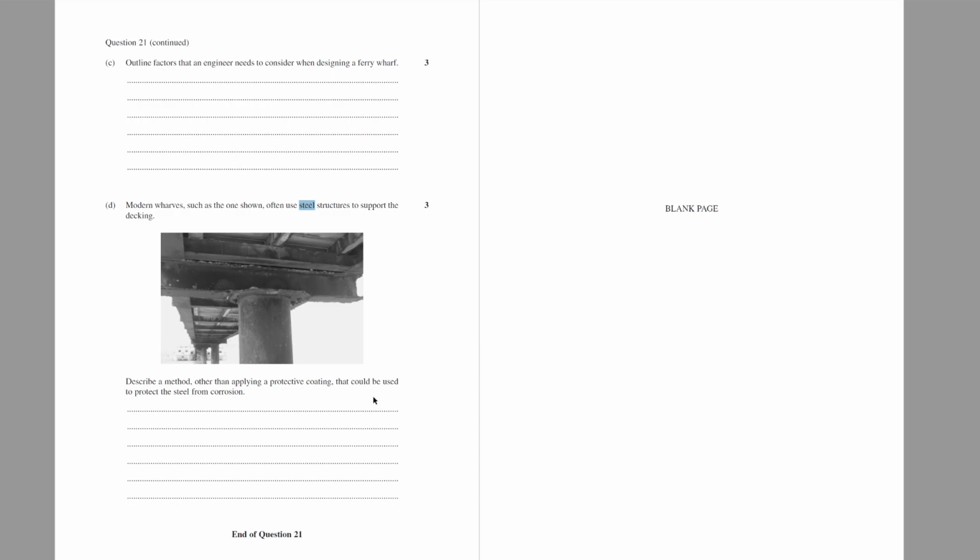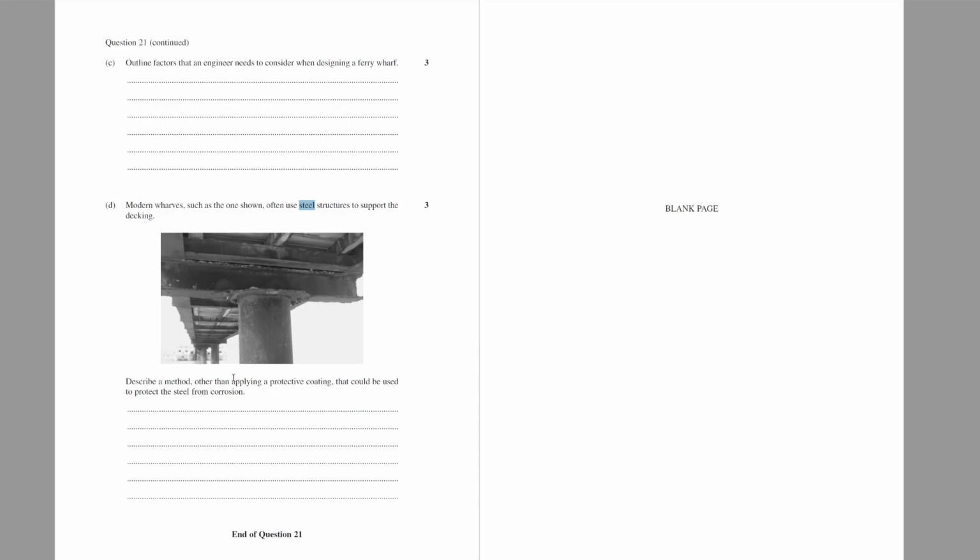Now, is this suitable? We tend to use ICCP on structures like pipelines. Is that suitable for a wharf? Well, it's a big structure. I'm not a marine engineer, so I can't tell you.